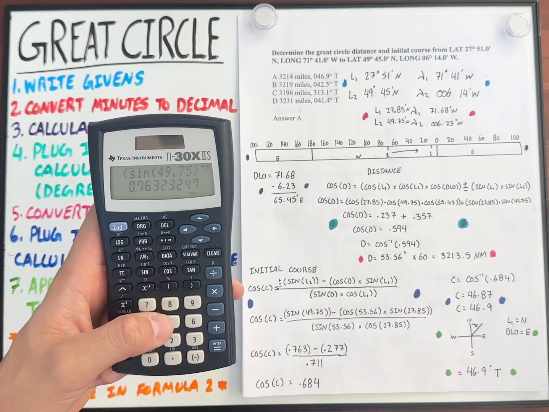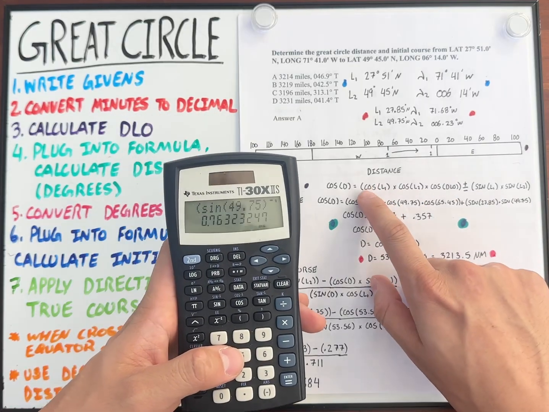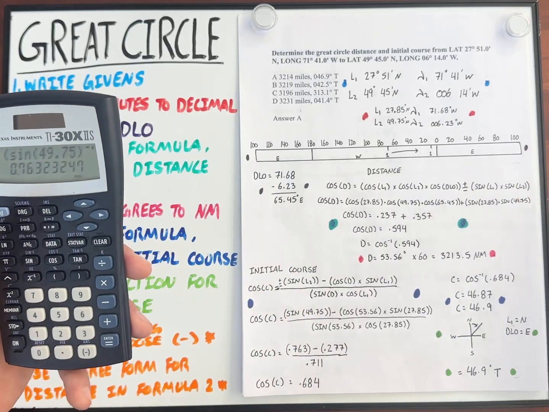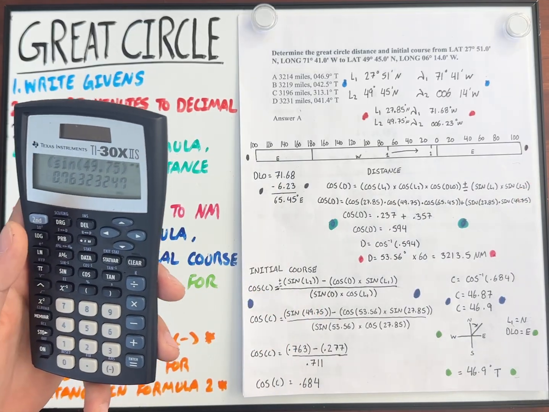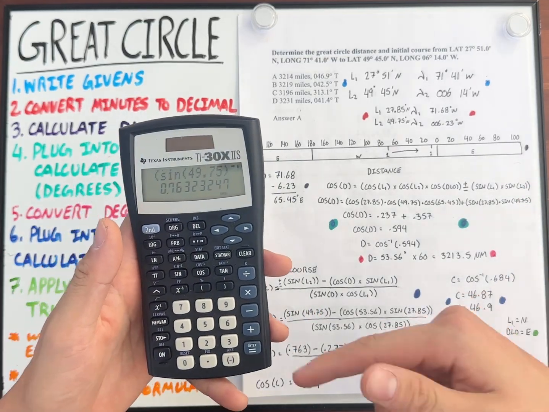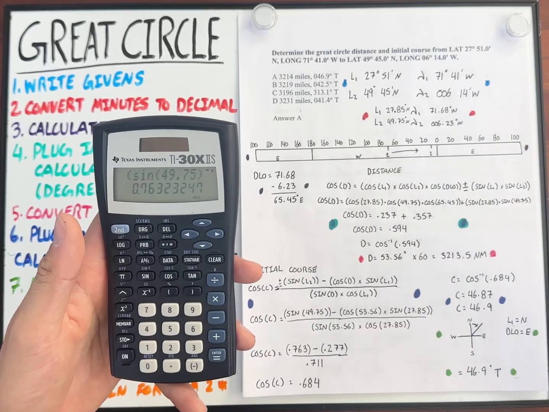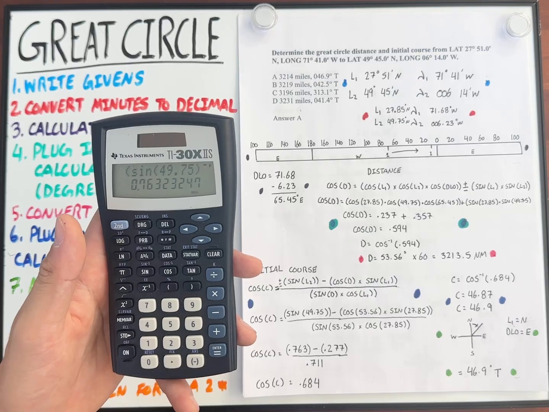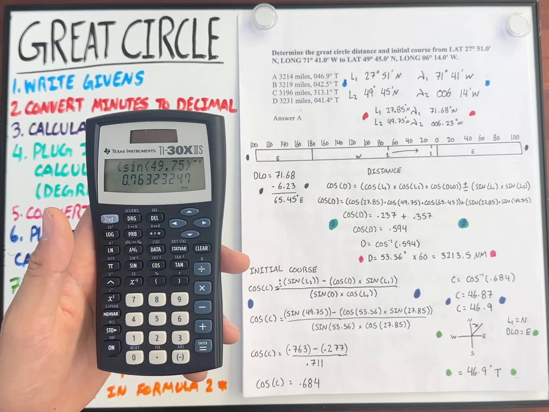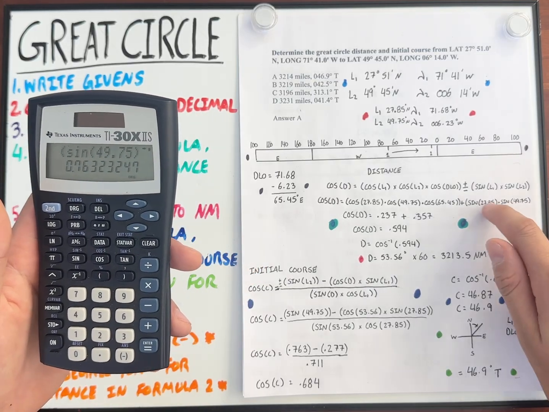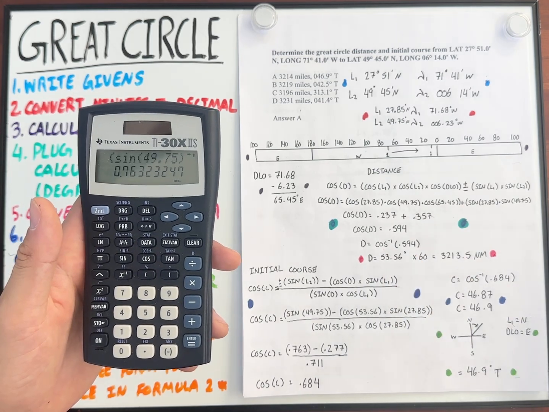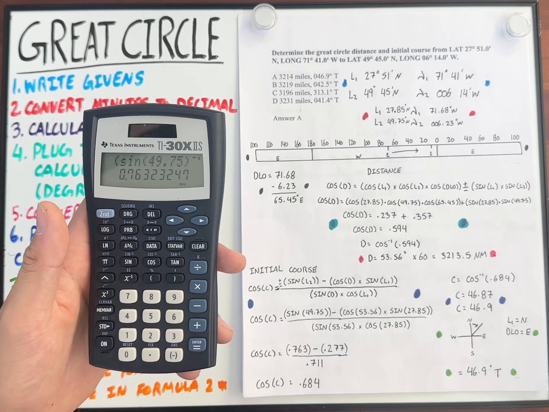What a lot of people do, and this is where I see a lot of the mistakes, is they try to type this whole line in at one time, and that just puts too much into one calculator. Enter. It's easier just to break it down, provides clarity, and you can double check your work that way. If you do think you found a mistake, you can trace back into each separate section of each formula to trace down where you made a mistake.